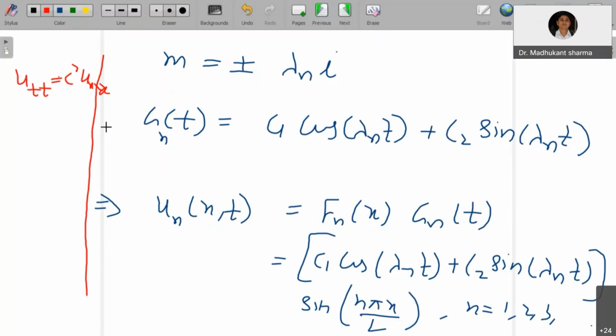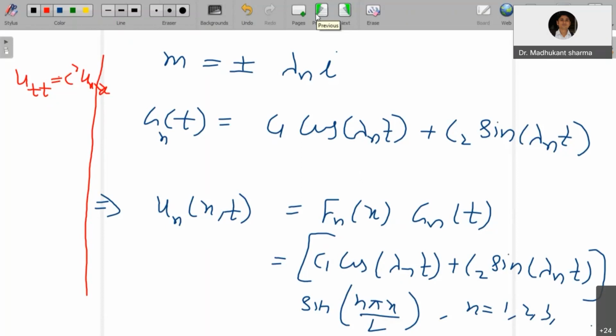So if you have one solution and another solution, their linear combination will also be a solution. So what you will look at is the summation of u_n.